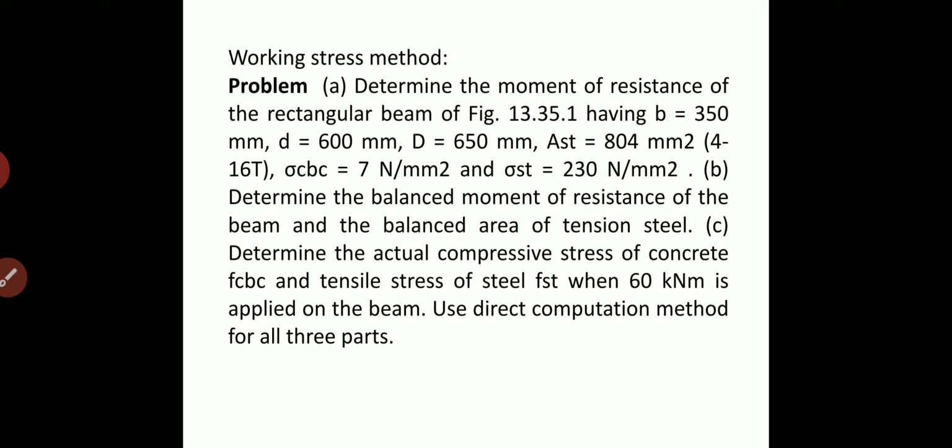B, determine the balanced moment of resistance of the beam and the balanced area of the tension steel. And third portion C, determine the actual compressive stress of concrete FCBC and tensile stress of steel FST when 60 Newton meter is applied on the beam.